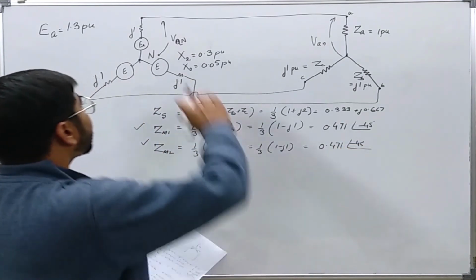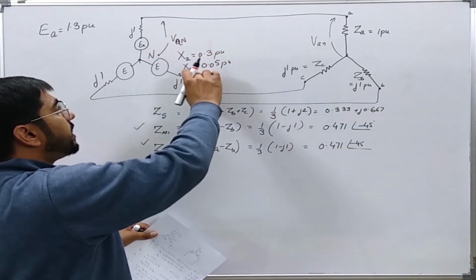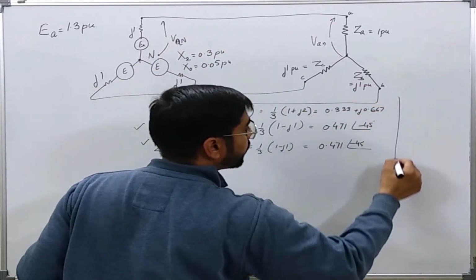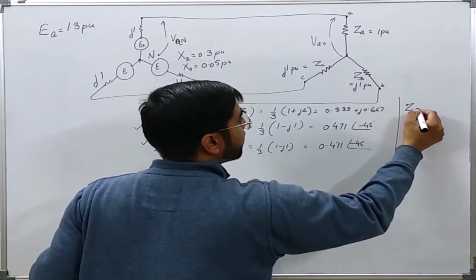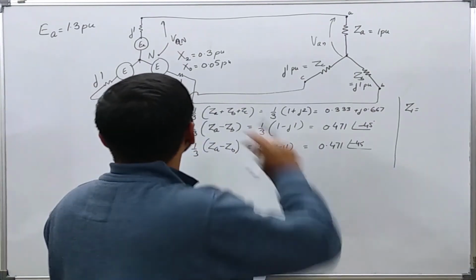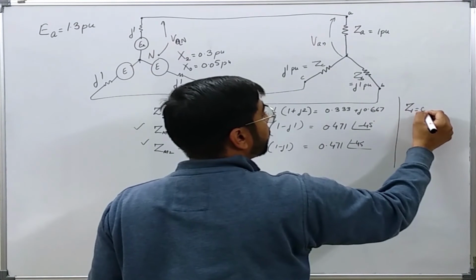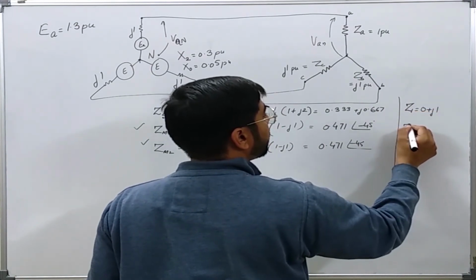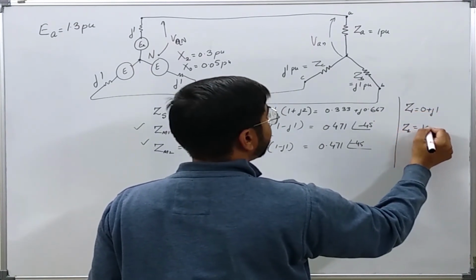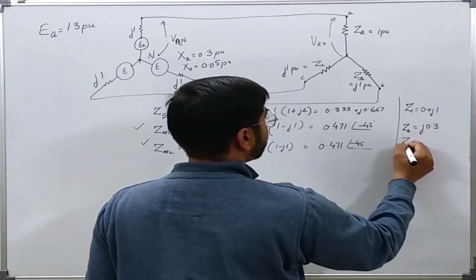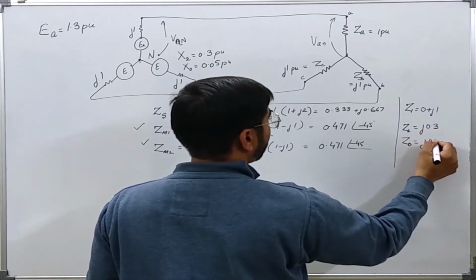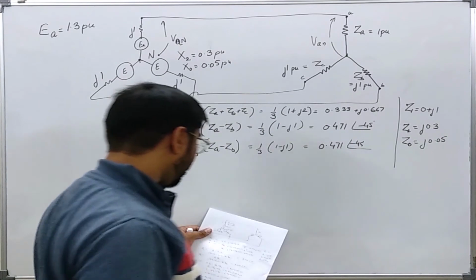Now we are given the values of Z1, Z2 and Z0 also. Z1 equals j1.0, Z2 equals j0.3 and Z0 equals j0.05.